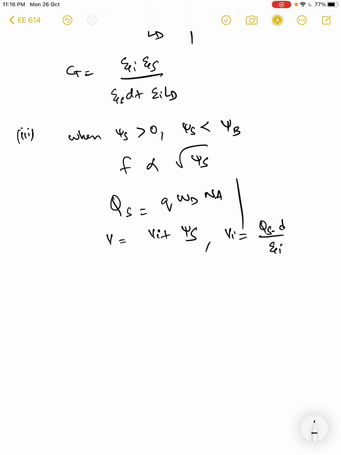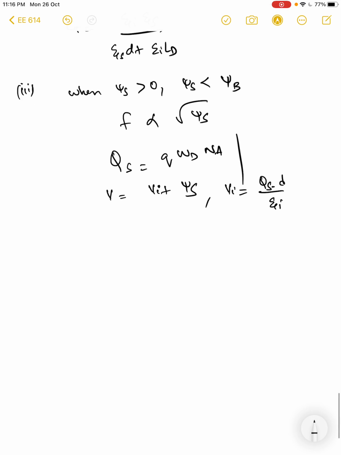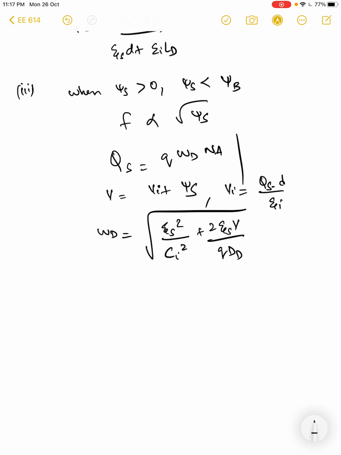If you substitute all of them together, you will get W_D to be root of epsilon s square by C insulator square plus 2 epsilon s V, V being the applied potential, by q N_D, minus epsilon s by C_ox, right?